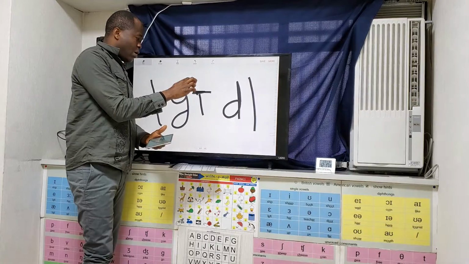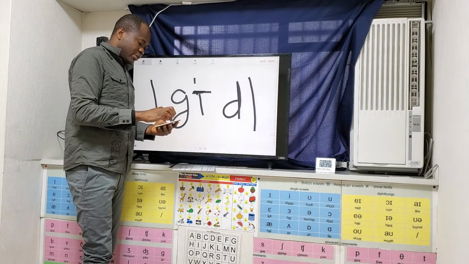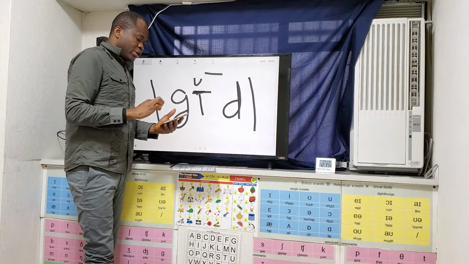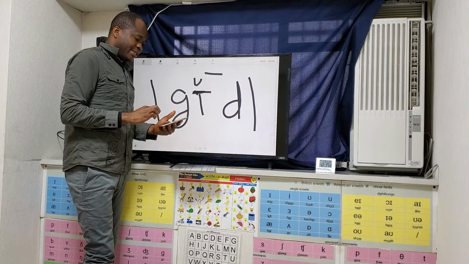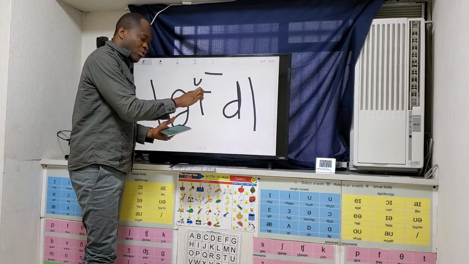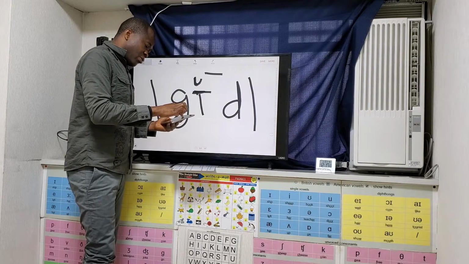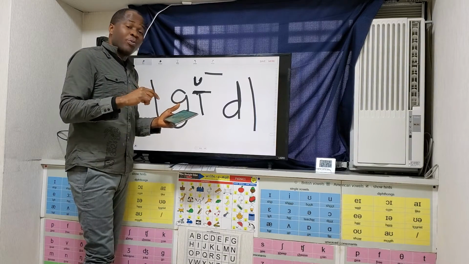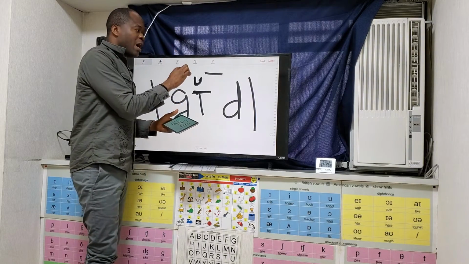If it is a short vowel, we use this one. If you see this on top of the letter, it means long vowel. If you see this symbol, like a U shape or V shape on top of a letter, it means short vowel.